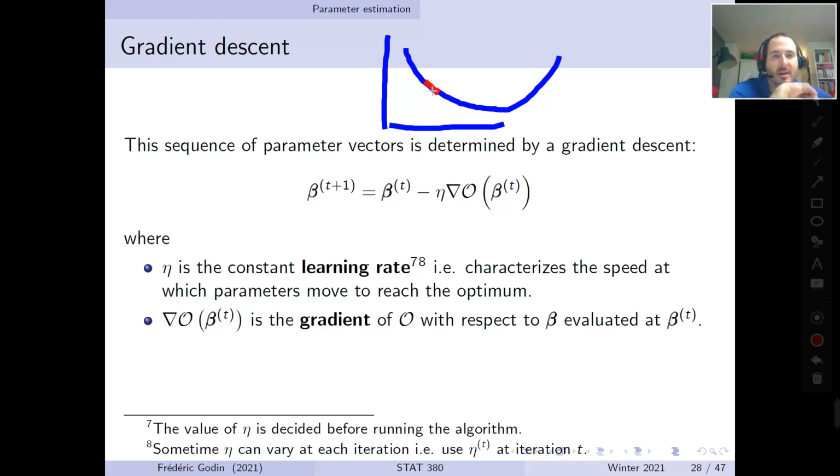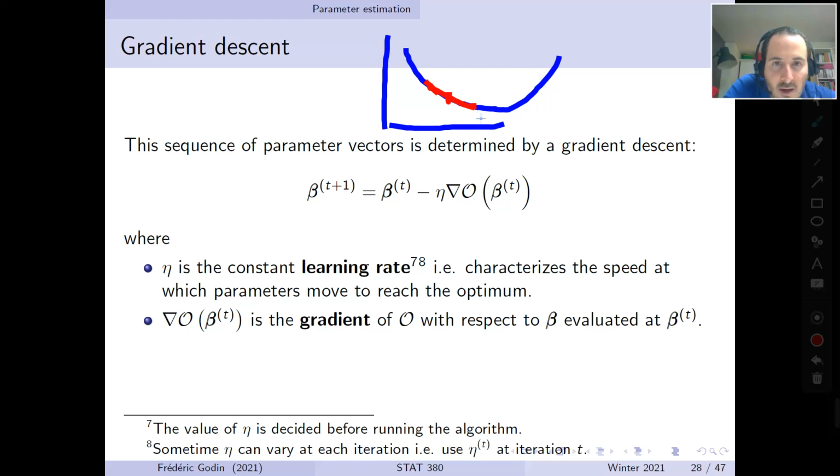Here the gradient is the derivative. If you go in the direction of minus the gradient, you should reduce the function. Here the derivative is negative, so you should move to the right and increase the value of x, so maybe you end up here. Here you look at the derivative, it's negative, so you should move forward like this.